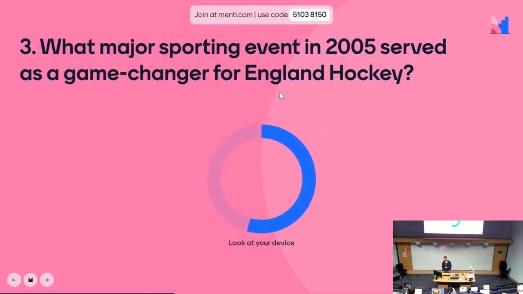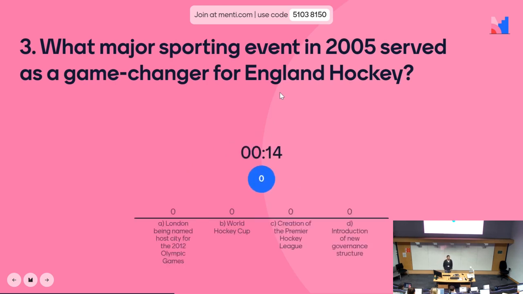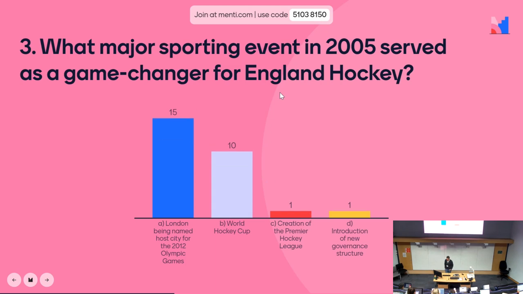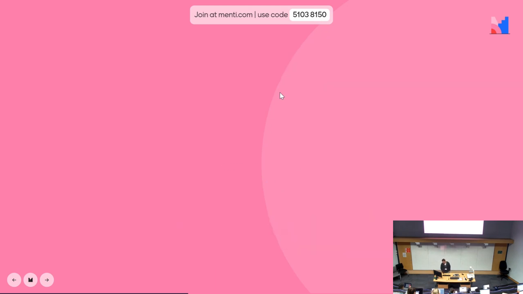What major sporting event in 2005 served as a game changer for England hockey? Yeah, it was London being named the host city.